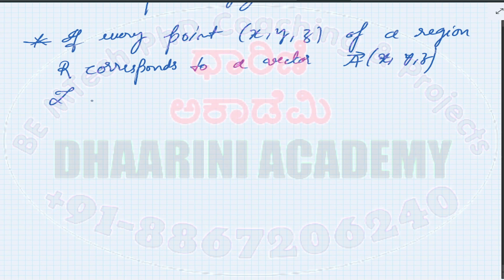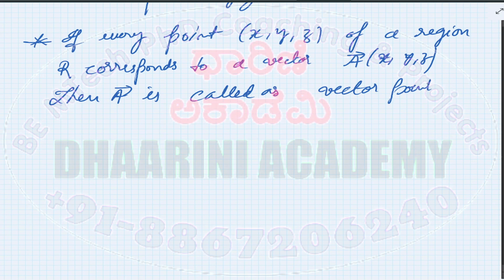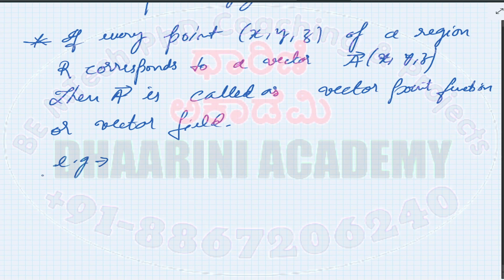Then the vector A is called a vector point function, or you can definitely call it by the name vector field. Okay, for example, we know this, we already have solved many questions and we use this many times.